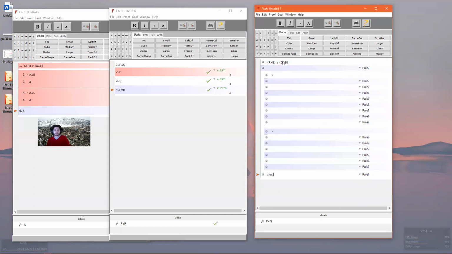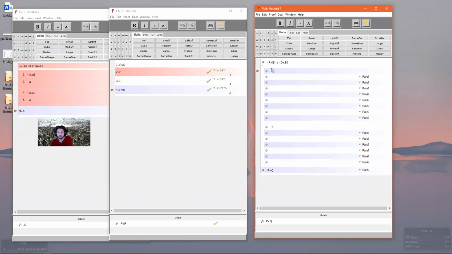Let me make it slightly easier to see. So I'm going to justify my conclusion. This is what we decided early on, because the only premise I have is an or. Probably the only way I'm going to be able to get to my conclusion is with or elimination.